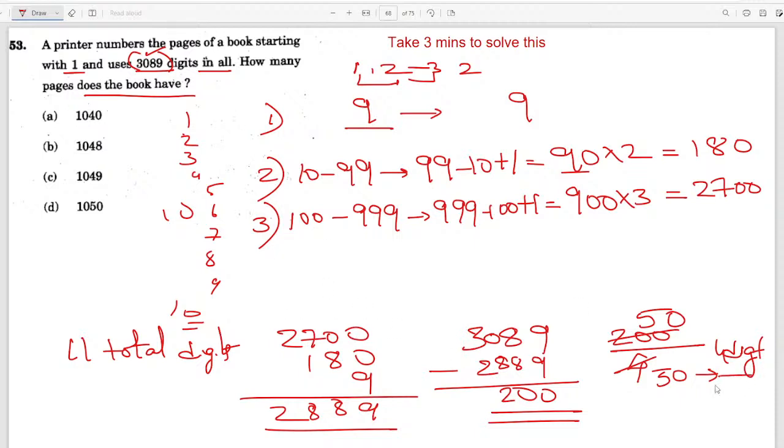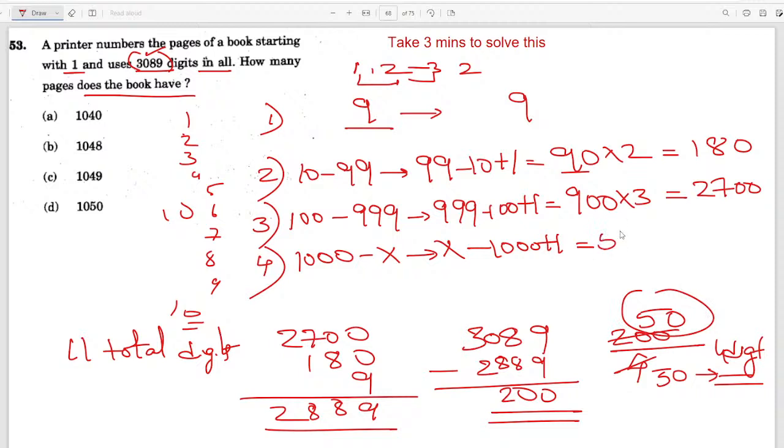So what would be those 50 numbers? Similarly from 1000 we need some number, which we don't know, we'll keep it as x. The total number of numbers is x minus 1000 plus 1. That should be 50, which is what we have calculated here.